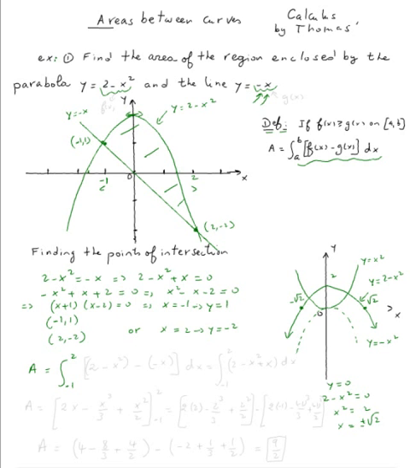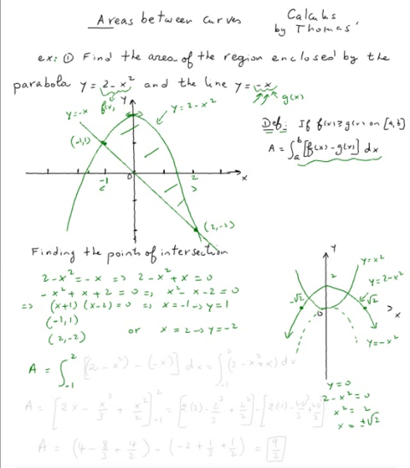And then it's going to be f of x. F of x is the function such that its graph is above g of x. So we know that this is f of x, and this is g of x, y equals negative x.